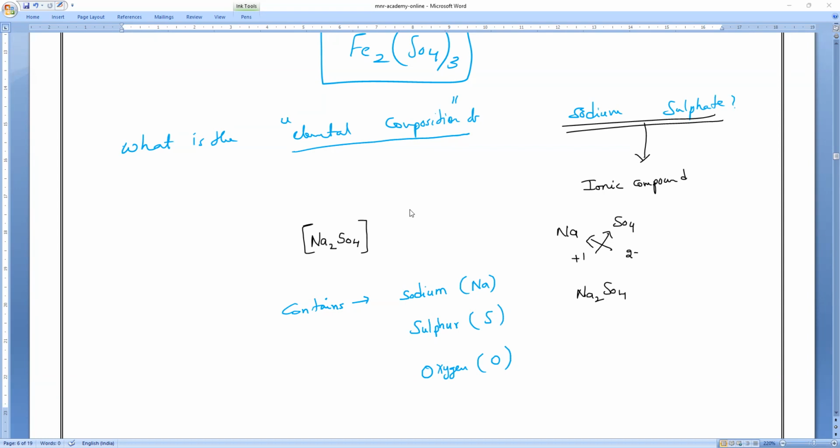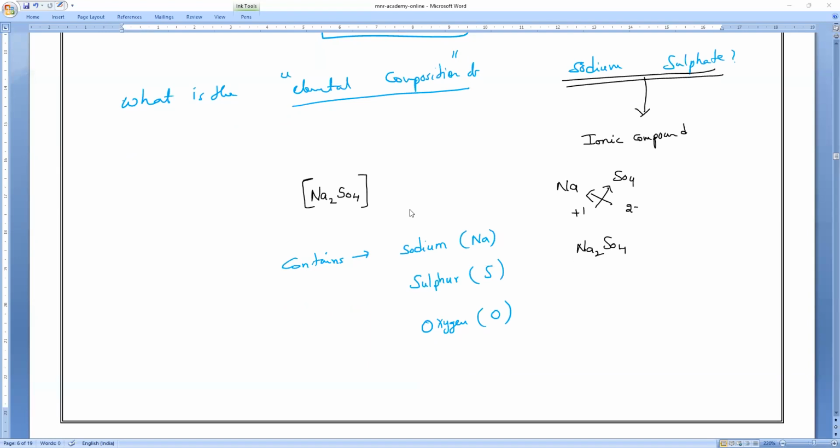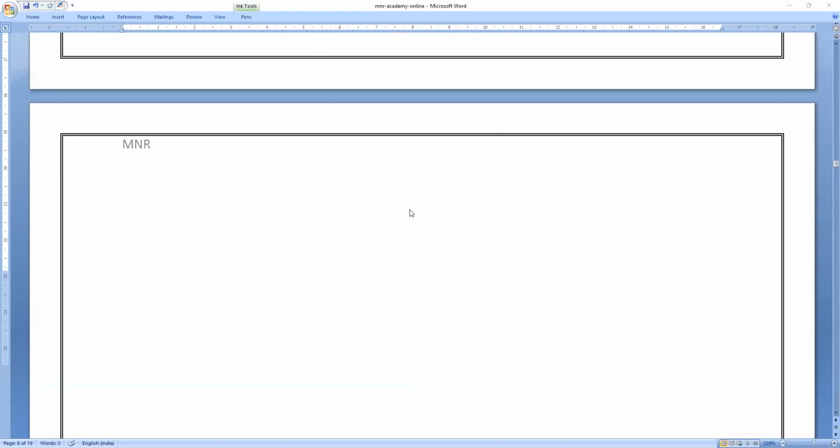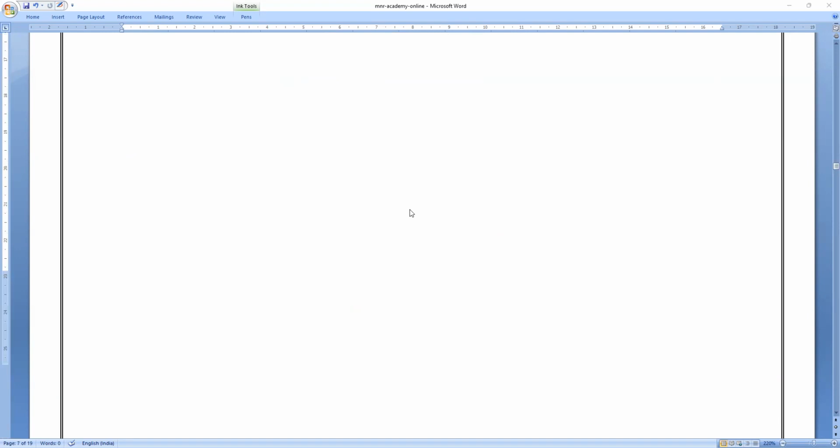Right, next question. This is also one of the most important ones. An element A shows two valencies of 3 and 5.